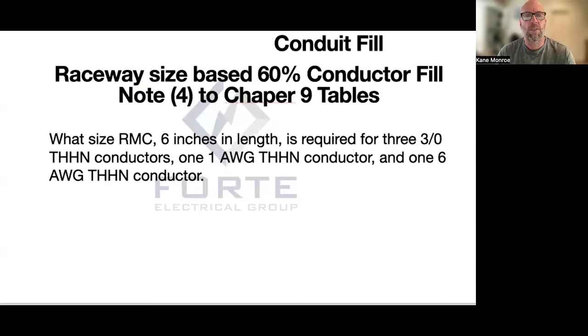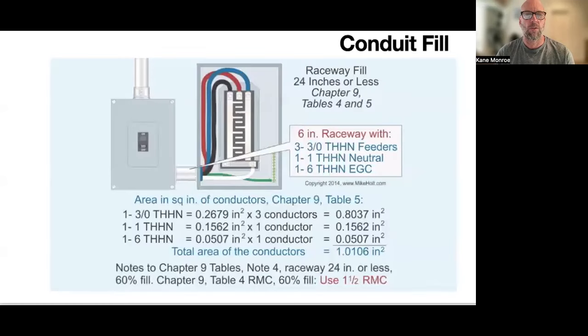What size RMC, rigid metallic conduit, 6 inches in length is required for three 3/0 THHN conductors, one 1 AWG THHN conductor, and one 6 AWG THHN conductor, in a 6-inch nipple? So this is what we did.